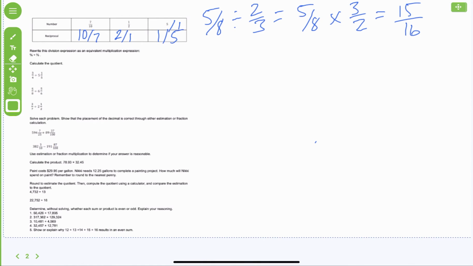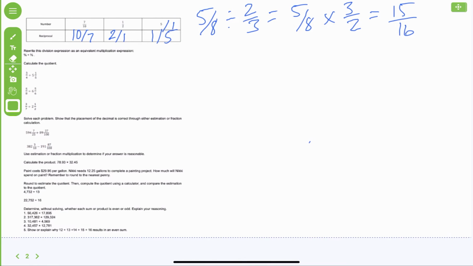All right, so what did you do? You should have turned that into an improper fraction first. Okay? So let's say 3/4 divided by 5 times 5 is 25, plus 1 is 26/5.